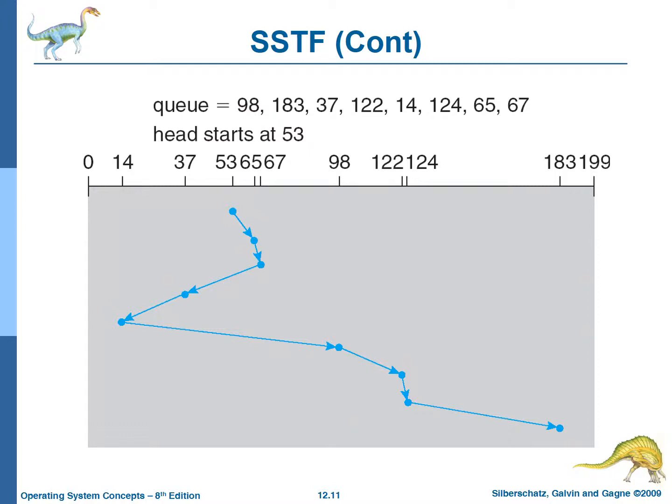The request closest to the current head position is chosen first. Consider the previous example. The next closest cylinder to 53 is 65, then the next nearest one is 67, then 37, 14, and so on.